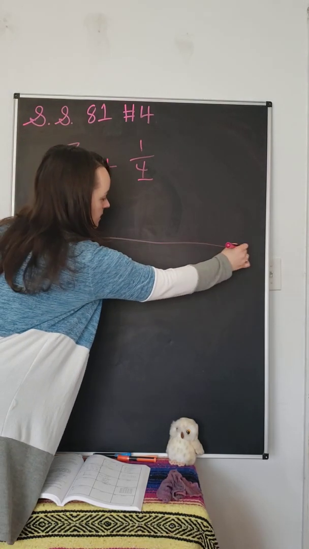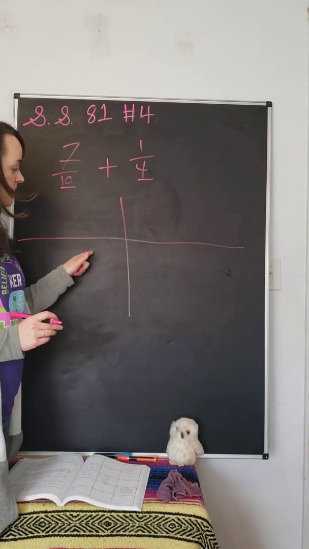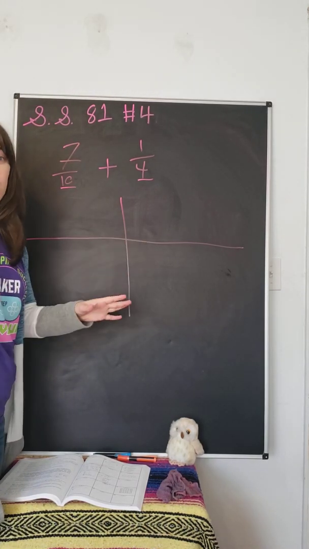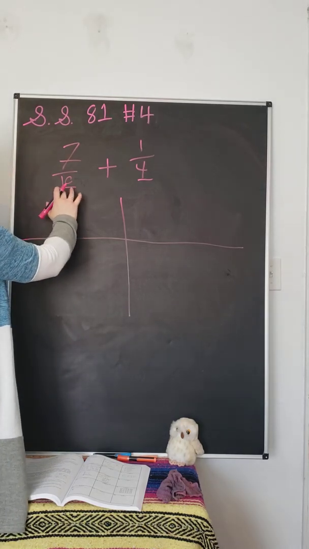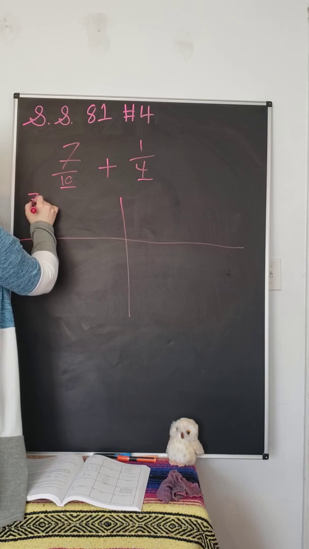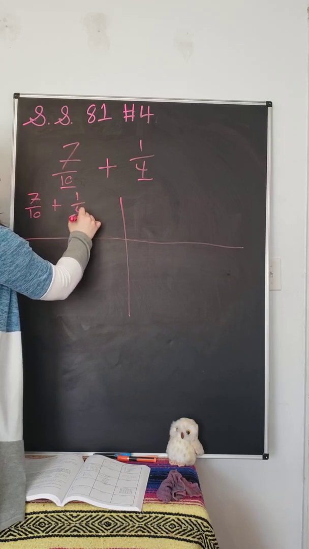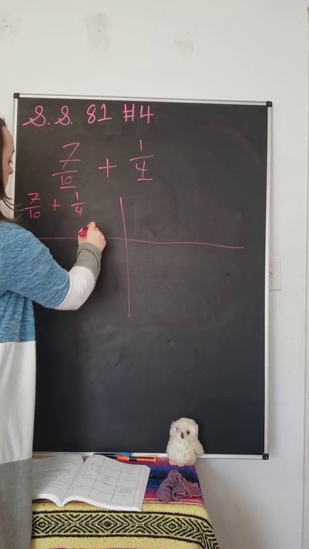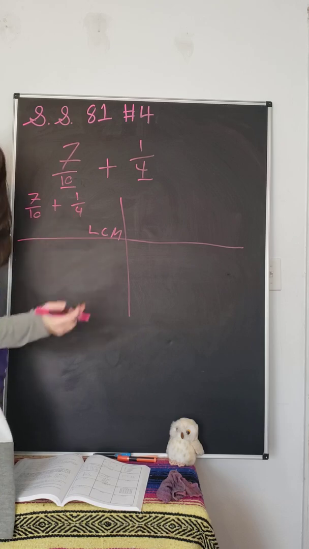The way I'm going to do this, one of the 5th grade teachers at Baker showed me how to do this, and I really loved how she did this. So I'm going to write this fraction right here, 7/10 plus 1/4. And we know we need to find a least common multiple because our denominators don't match.